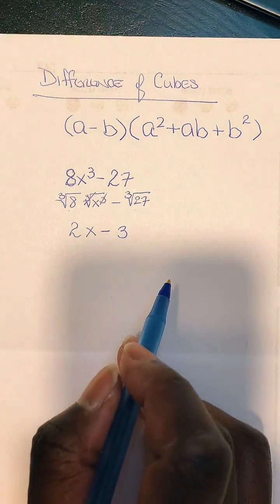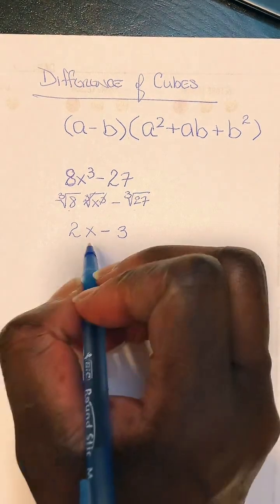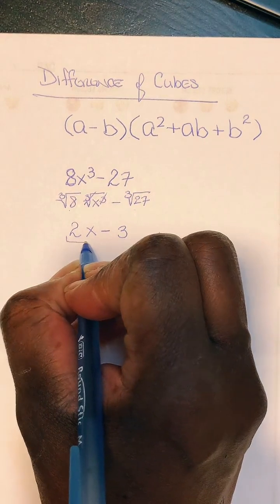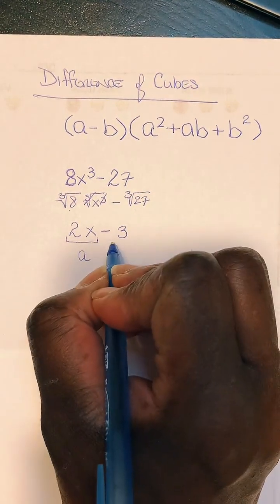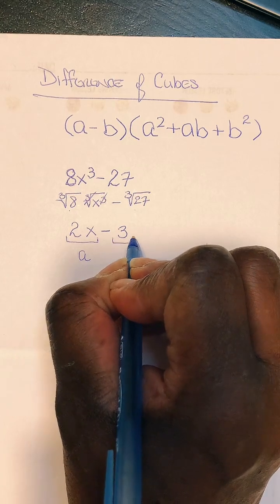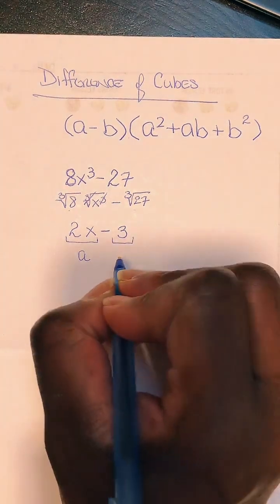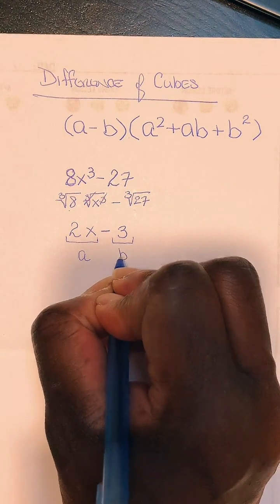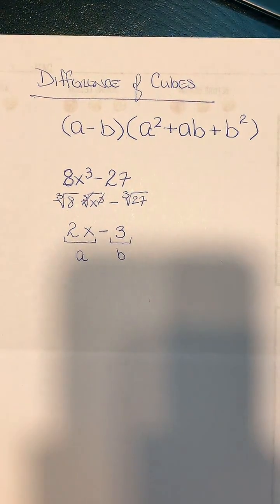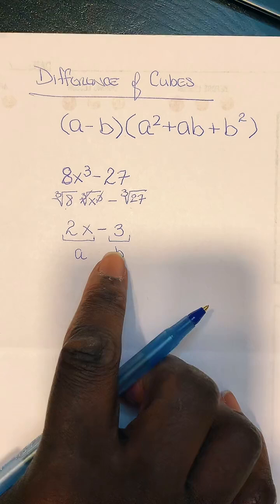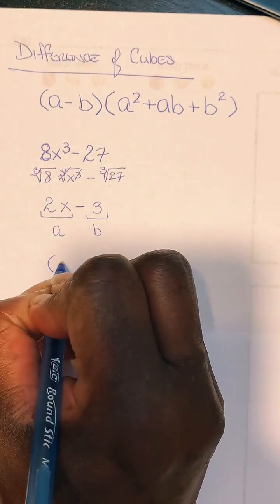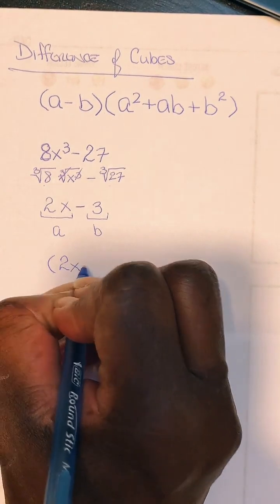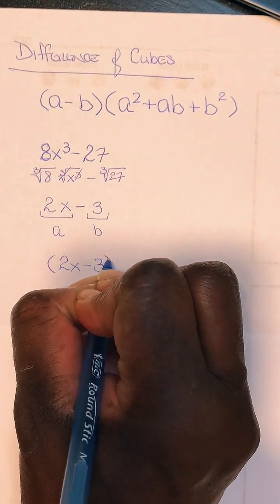So what you just found, this is going to represent your A, and this, not the sign, just the number, is going to represent your B. Okay? So this is telling me that my first parenthesis should be 2x minus 3.